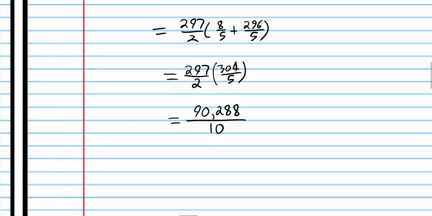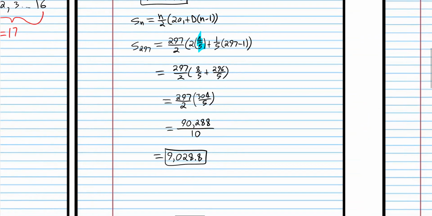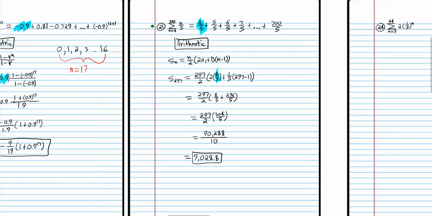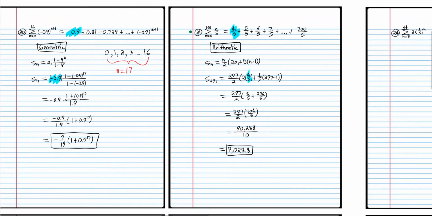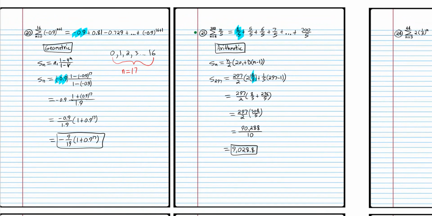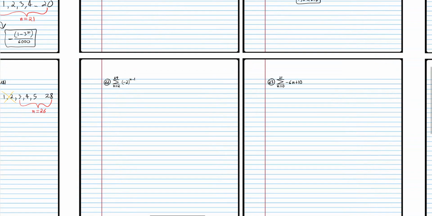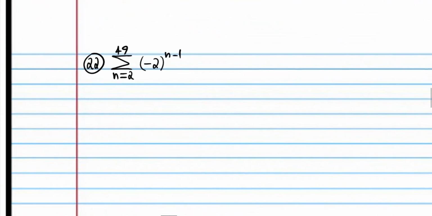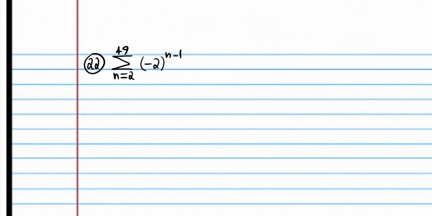It's 9,028.8. So if you got that right, excellent. Again, the hardest part is to figure out what n is going to be. In this case, it was 297. Go ahead and try number 22. When you come back, we'll do it together.